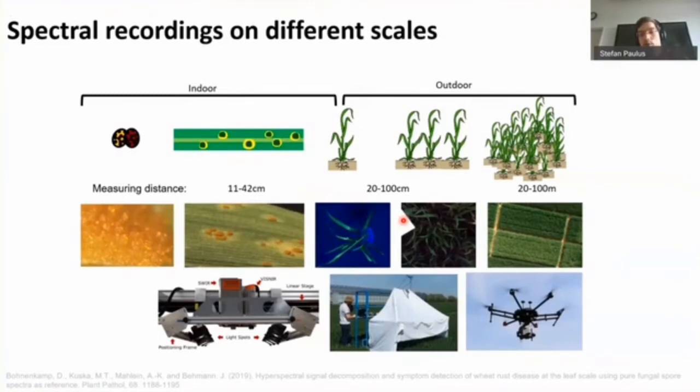And if you go outside, you have to transfer your line stage somehow to the field, and this means you need some kind of shadowing. This is why you see this tent here, because we put our lamps outside. We want to reduce the sunlight, and then we need something to move our cameras over the field.